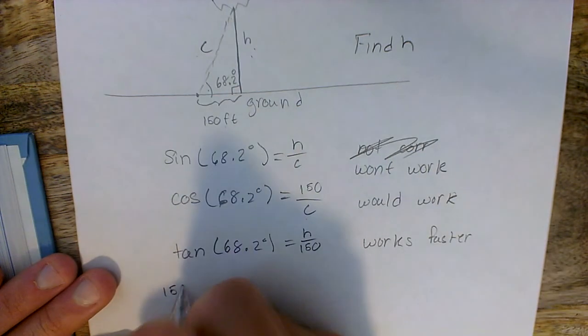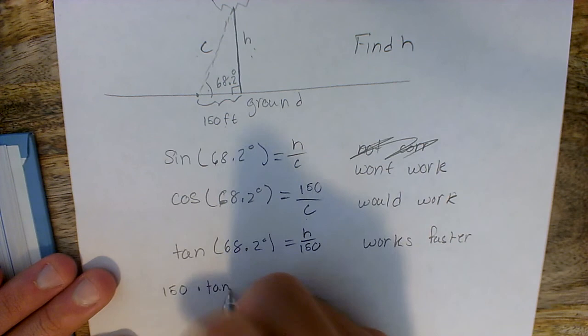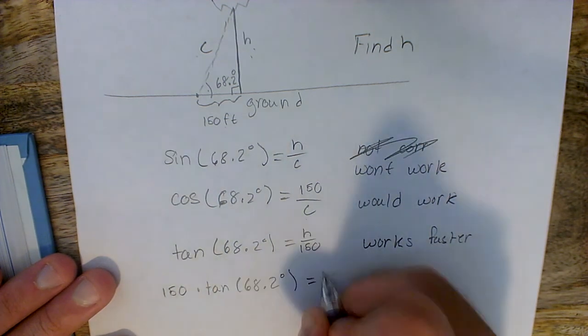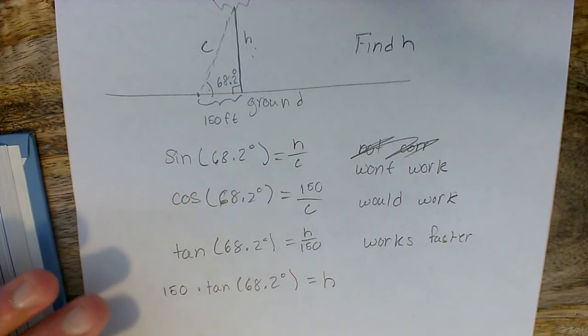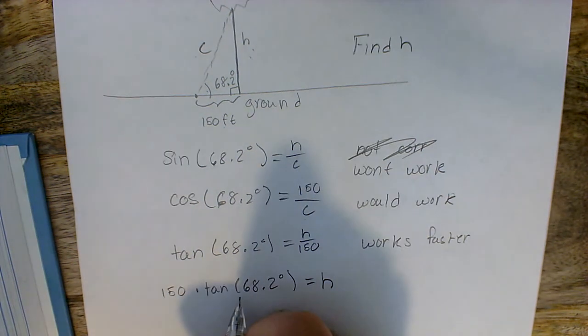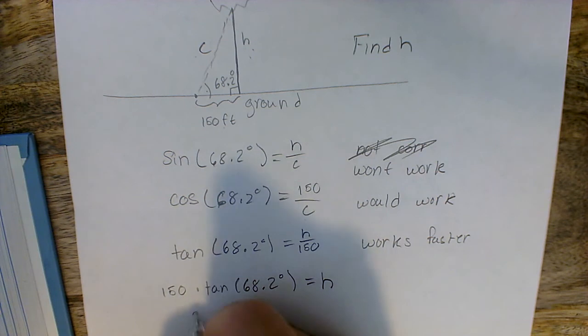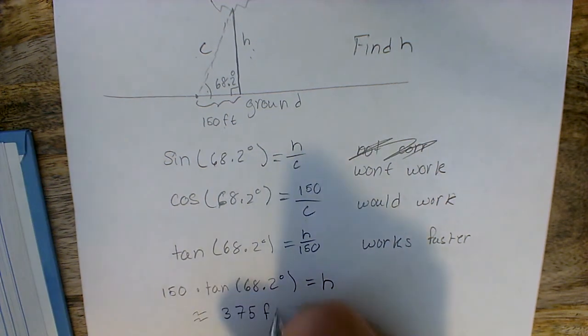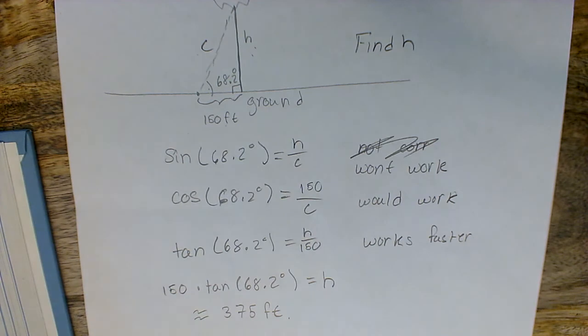If I multiply both sides by 150, that's 150 times the tangent of 68.2 degrees, which is the height of your cloud, and it turns out to be about 375 feet.